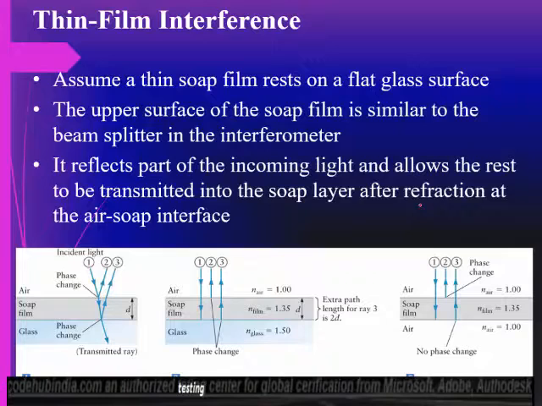Then the phase change for the incident light. Then what will we look at? Both of these are the transmitted rays.